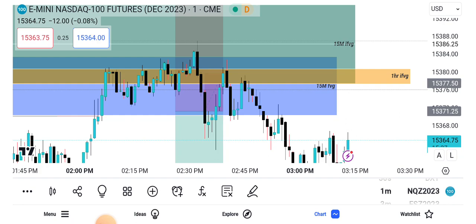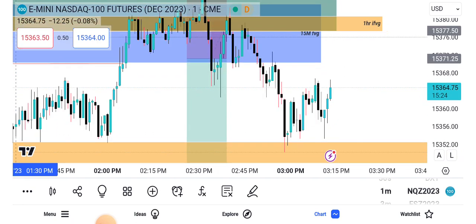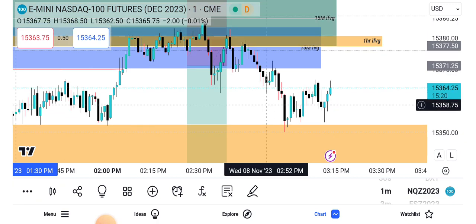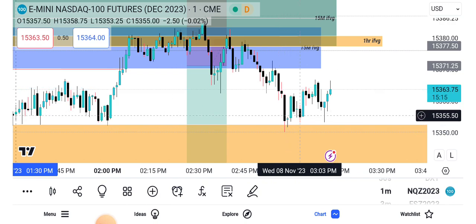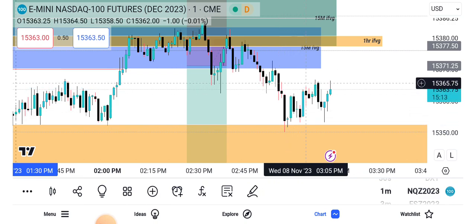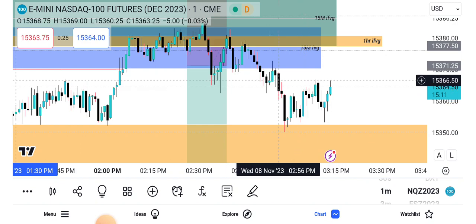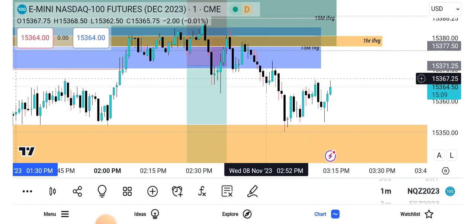Then it rallied down, creating this order block. The market rallied down, and it's now starting to rally up. These candles are acting as resistance.